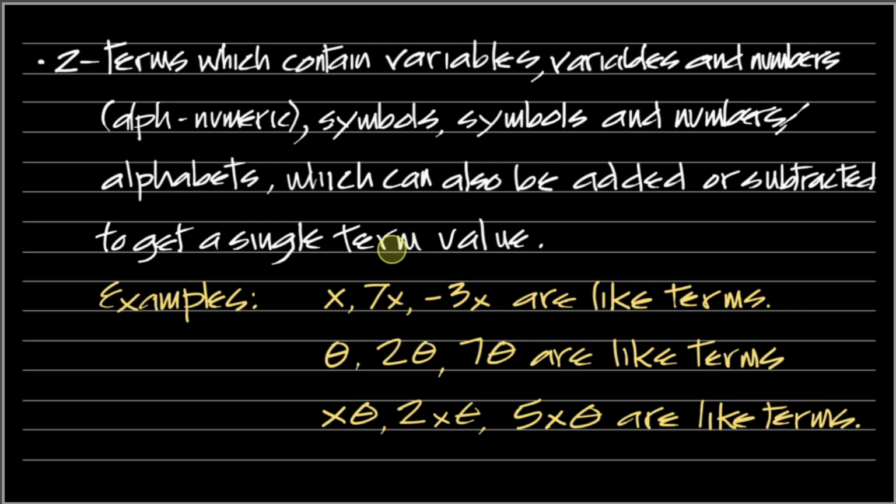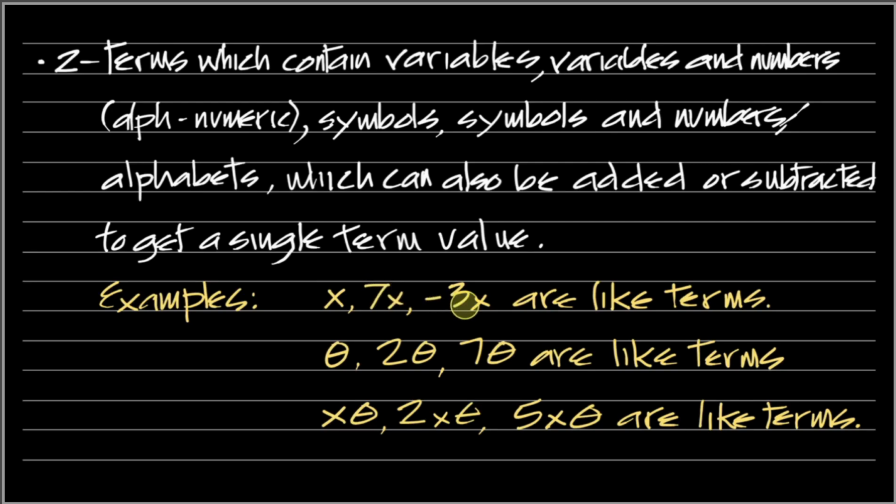In other words, you can add them to still get a single term value. Examples: x is a single term. 7x is a single term, but is made up of a number and a variable. So it's alphanumeric, alphabet and number.